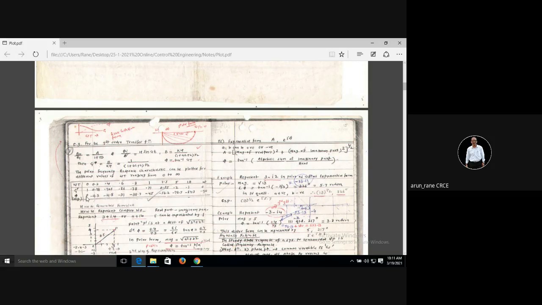Now the first value is 0. So 0 means this line. Then the second value is minus 11.3, so you draw a line at minus 11.3 degree angle like this. Got it?